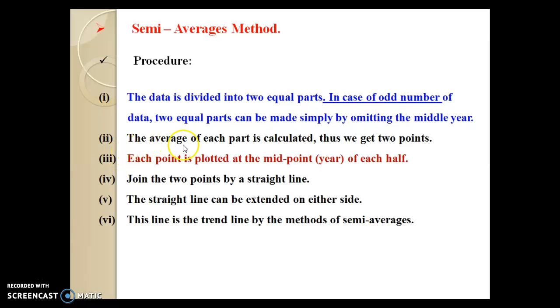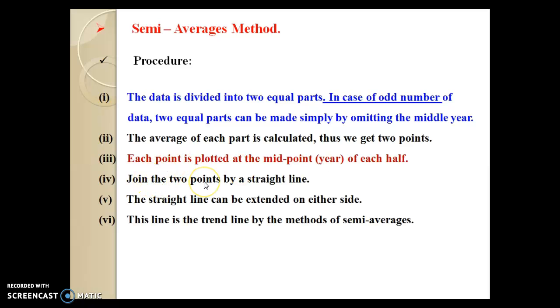Second procedure, the average of each part is calculated, thus we get 2 points, means 2 semi-averages, that is arithmetic mean. Third procedure, each point is plotted at a middle point, that is year, of each half.